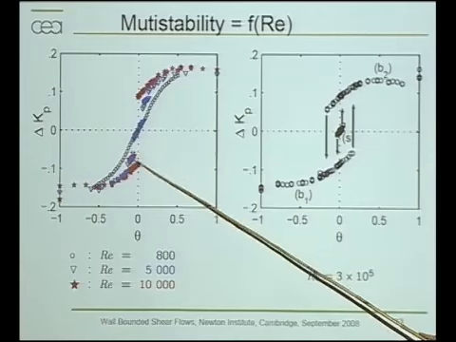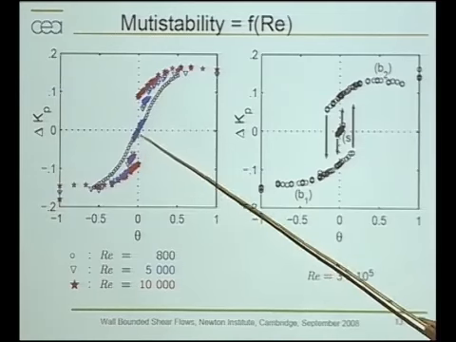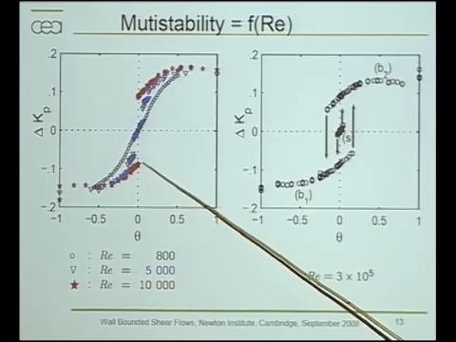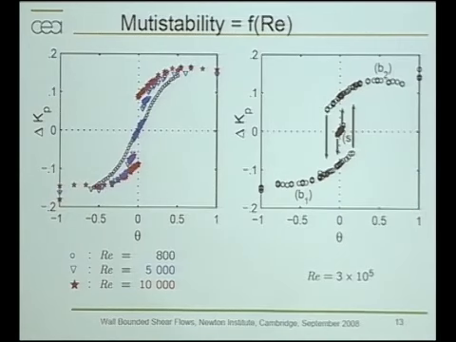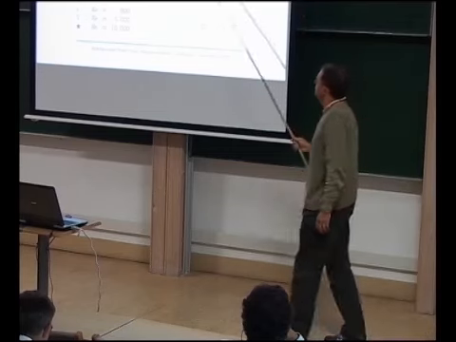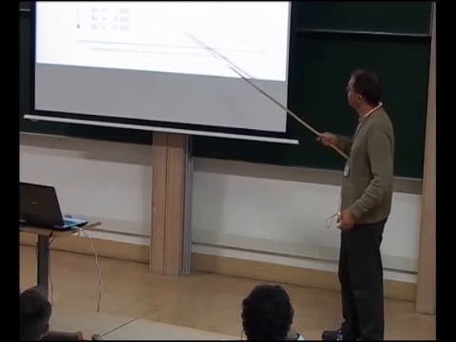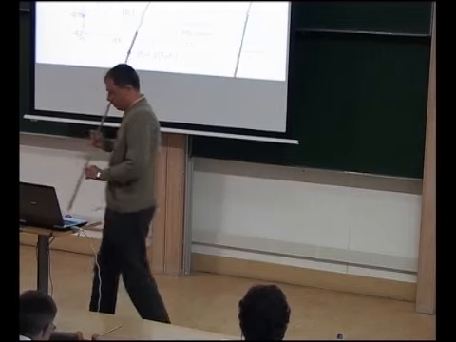What you see is that for Reynolds number 800, for example, in black, you have a continuous line, and then you increase your Reynolds number, in blue 5,000, you get a small jump, but you still can go through the symmetric state. But above 10,000, you have this hysteresis, which begins to grow, and then you end up with the graph I showed you before for a larger Reynolds number.